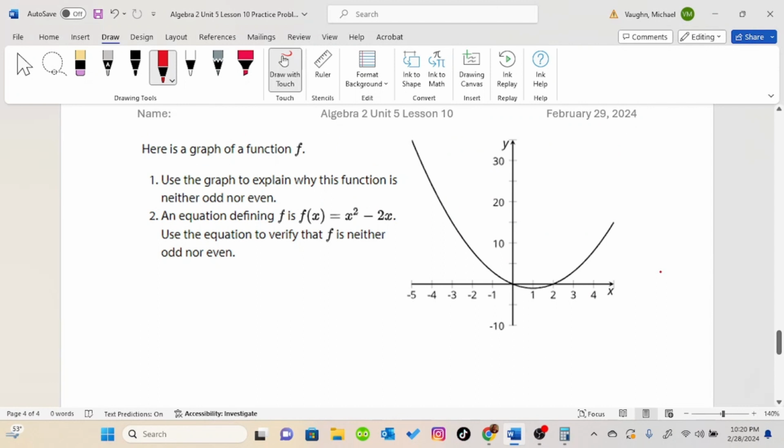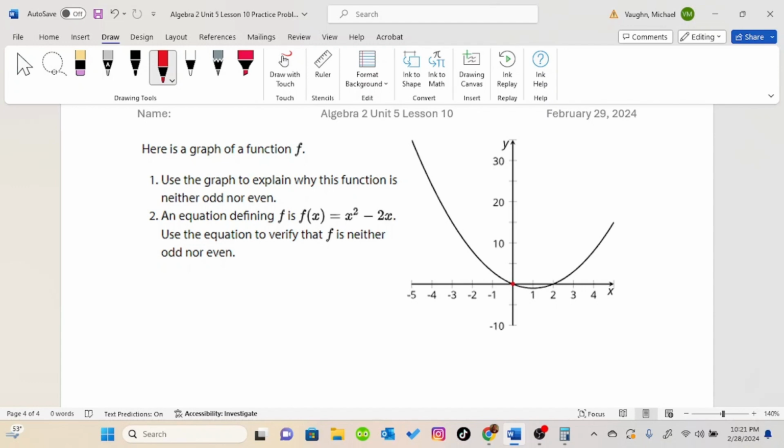Here is a graph of a function f. Number 1, use the graph to explain why this function is neither odd nor even. So if this was an odd function, we would be able to rotate this graph 180 degrees and get the same graph back. But what we would actually get, since this goes through the origin, this point would stay the same.